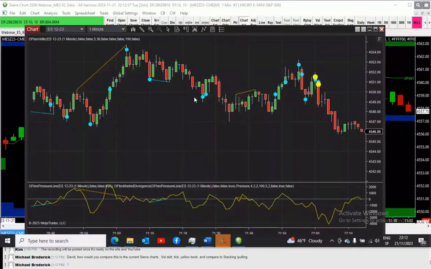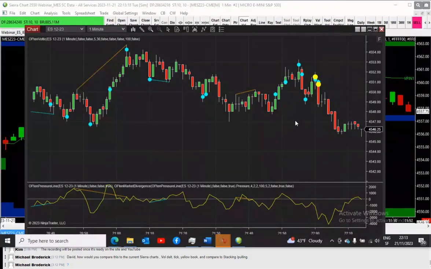It works exactly the same way. These blue dots and yellow dots are voltics on Ninja. As I say, most of the indicators available on Sierra are also available on Ninja.